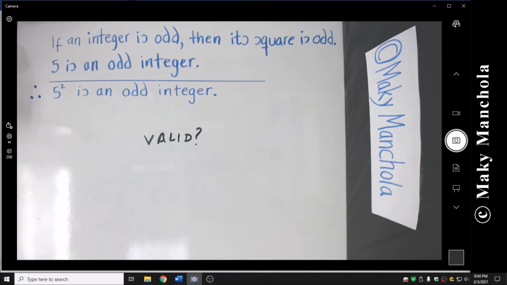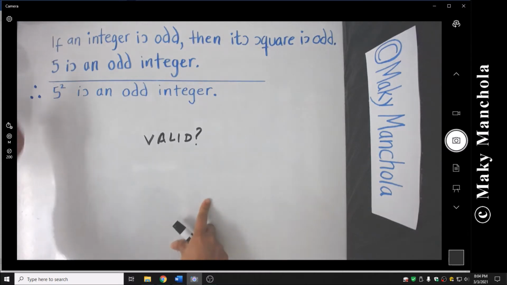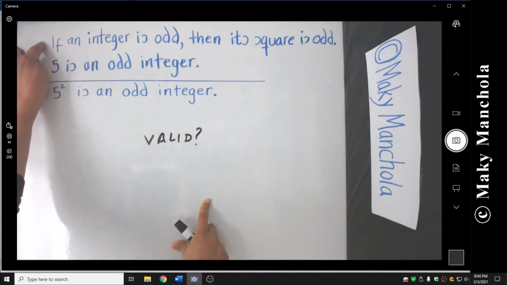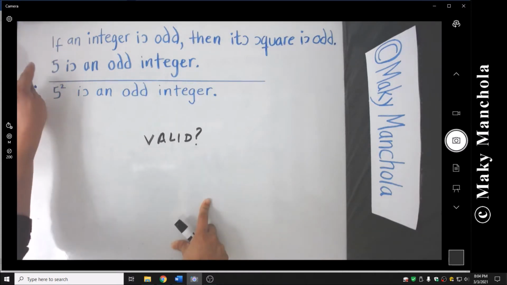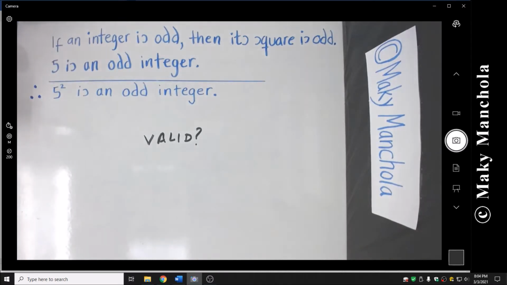Let's look at the premises. If an integer is odd, then its square is odd. 5 is an odd integer. Our experience tells us that both premises happen to be true.